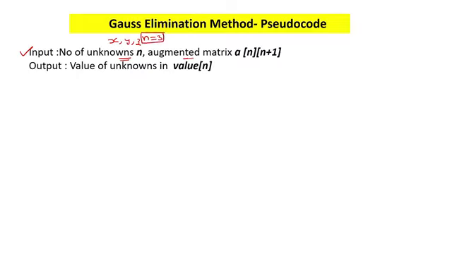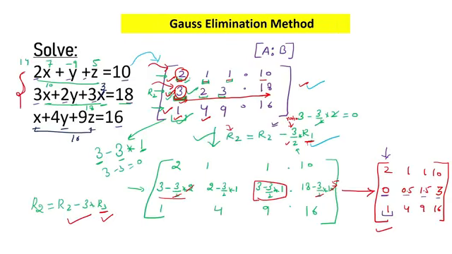And the second thing is we have to enter the augmented matrix. So what does it mean, and why have we taken the size of this matrix as n plus 1? As you know, you have to solve these linear equations, so how will you enter these equations in your program? In programming, you have to store all these equations in a data structure.